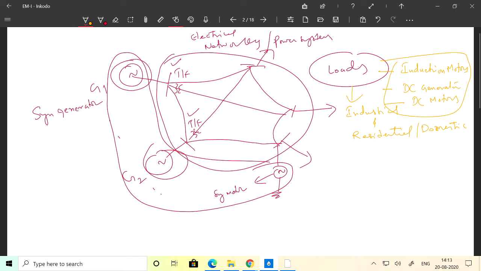Okay, so you have to understand that these generators, loads and the entire network, this entire system is power system, right? So you will be studying so many subjects related to this power system.